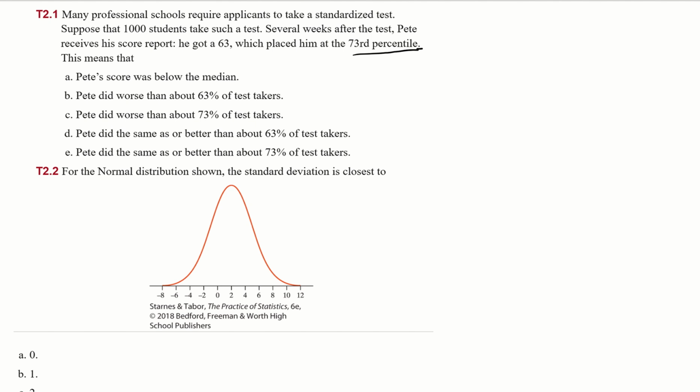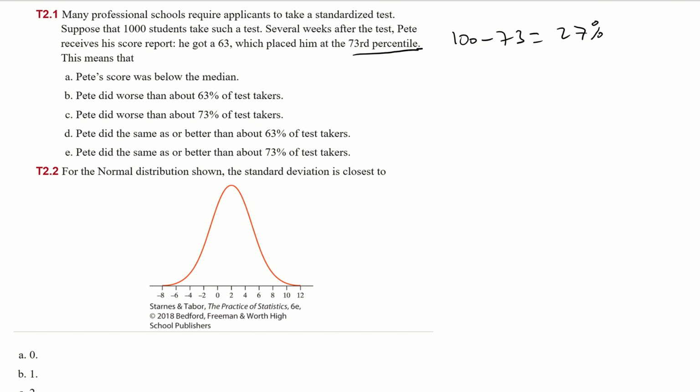Pete did worse than about 63% of test takers? Nope, that's not the interpretation. He did worse than 100 minus 73, or 27% of test takers. So 27% of test takers had his score or higher.